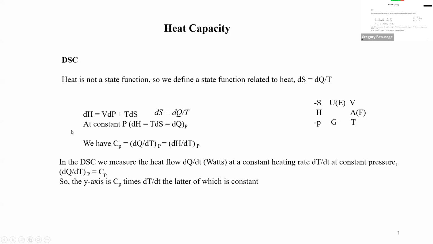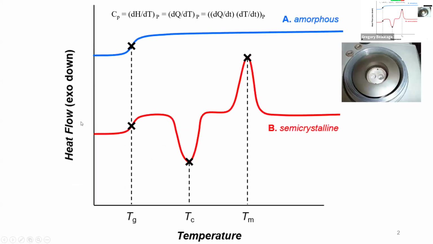For constant volume, do the same thing with internal energy. dU = -PdV + TdS, and at constant volume the PdV part goes away and you just have TdS, which is dQ. So dU/dT at constant V is the heat capacity at constant volume, CV.